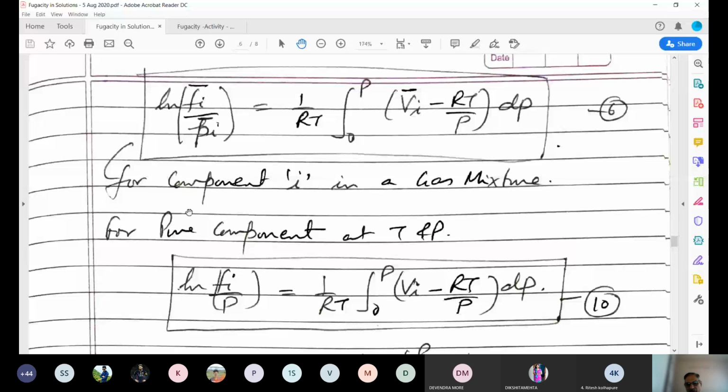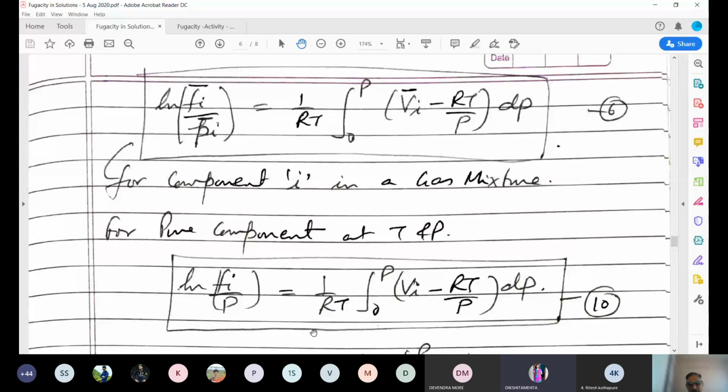Understood? We talk about pure component. We don't talk about partial. Partial pressure is equal to total pressure. And when there's a mixture, then only we talk about partial pressure. Because y is equal to 1, right? I take pi is equal to y into p, y equal to 1. So p is equal to pi, if you want to talk about partial pressure.